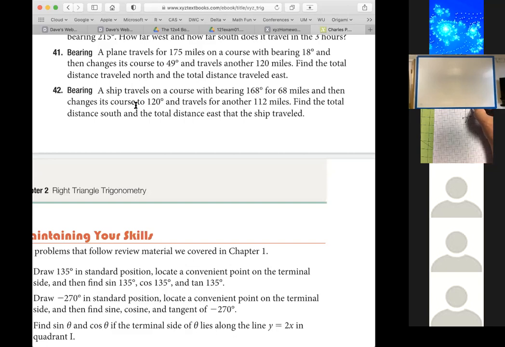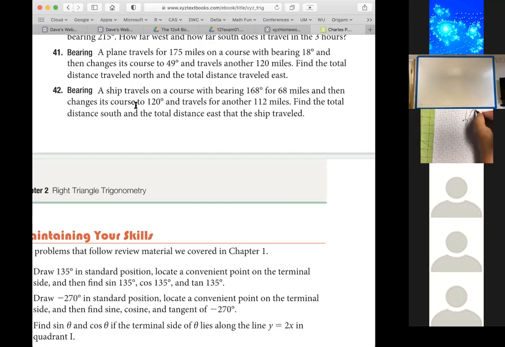So then it's looking north, 49 degrees, a little bit past a quarter. So let's say it's going in that direction for another 120 miles, not as far as the first one. And without measuring with a ruler, I'm just going to call that 120 miles, and call this angle 49 degrees.